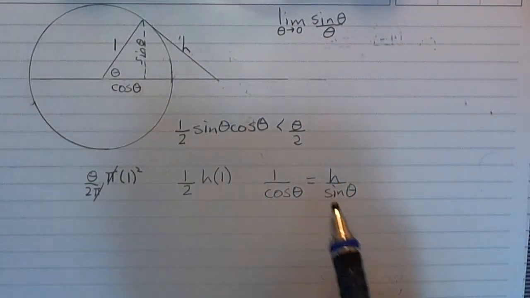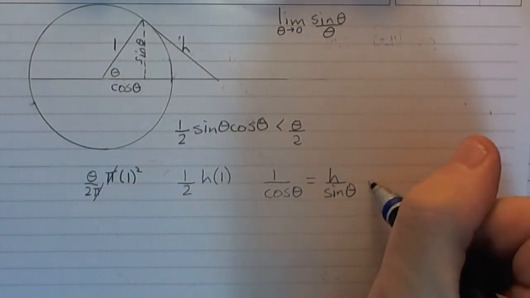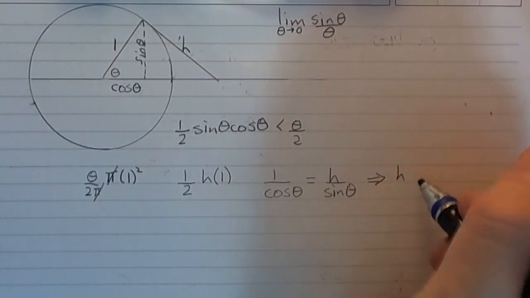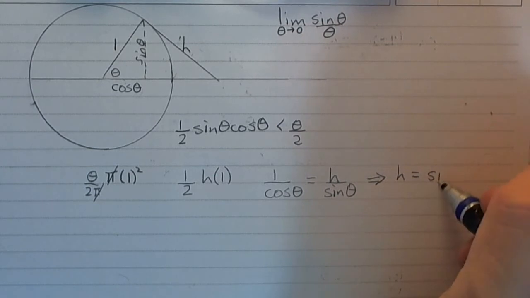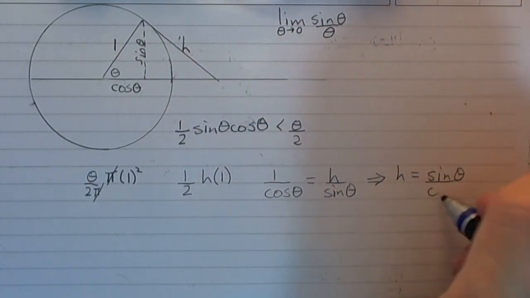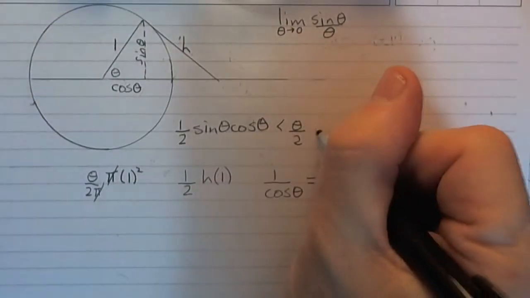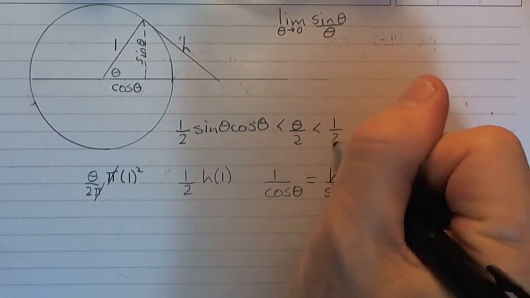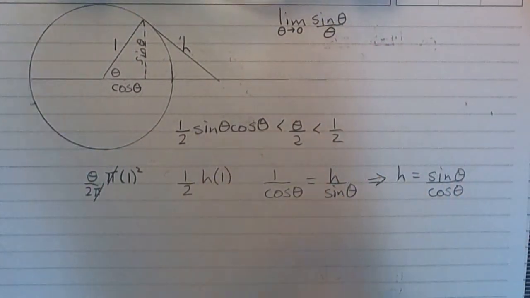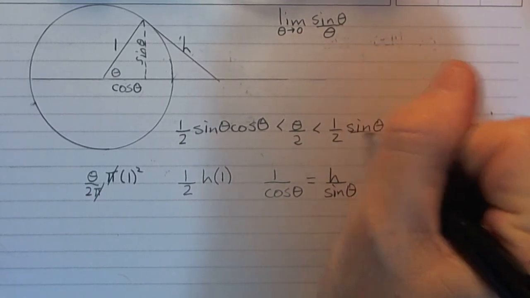Look at that, similar triangles come to our rescue. That tells us that h is equal to sine over cosine. So let me just put that here: instead of 1/2 h, it's 1/2 sine over cosine.